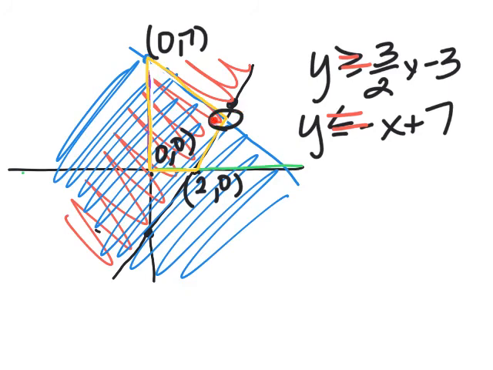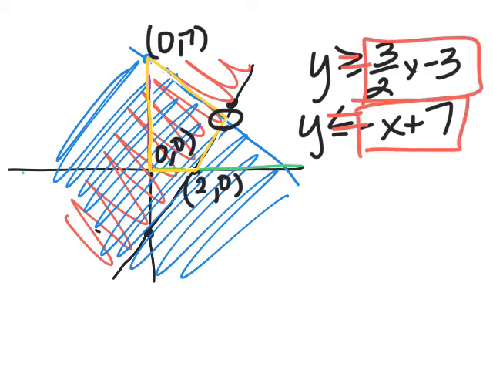And this is what we've been doing. I need to find where that intersection point is between my negative x plus 7 line and my 3/2 x minus 3 line. So I'm going to treat this like a system of equations. Since they're both equal to y, I can set this equal to this and solve. So I'm going to get 3/2 x minus 3 equals negative x plus 7.